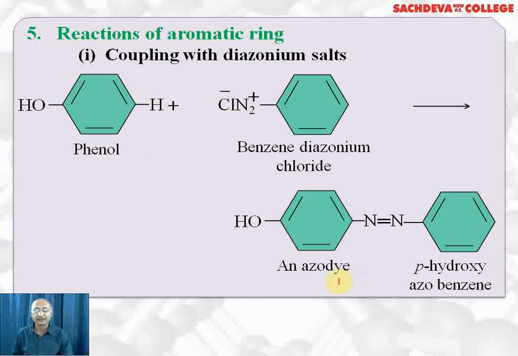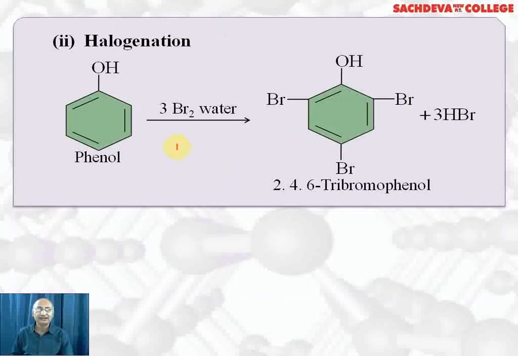It's an orange precipitate and an azo dye. So this is a characteristic test which can be used for phenol, treating it with benzene diazonium chloride. The reaction should be carried out at low temperature, 273 to 278 Kelvin, because the diazonium salt is only stable at low temperature.